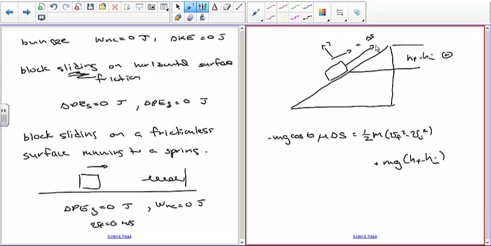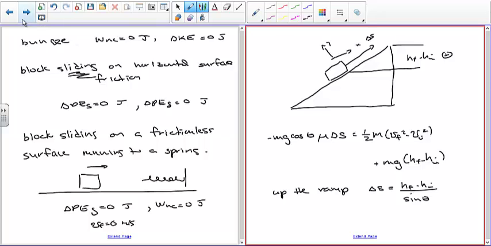If it's sliding up, delta S is going to be positive, and this is going to be positive. If it's sliding down, delta S will still be positive, and this would be negative. So you just got to think about what's going on here. So we have this relationship. If it's going up the ramp, then delta S is equal to h final minus h initial divided by the sine of theta.